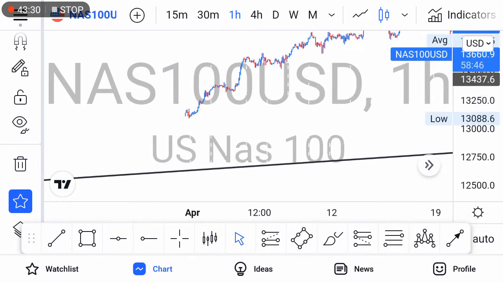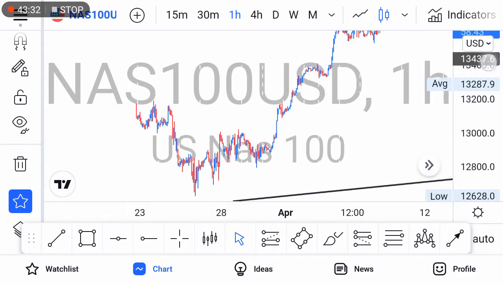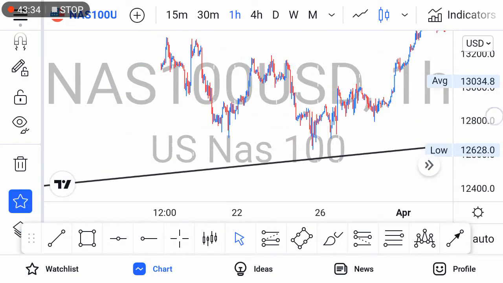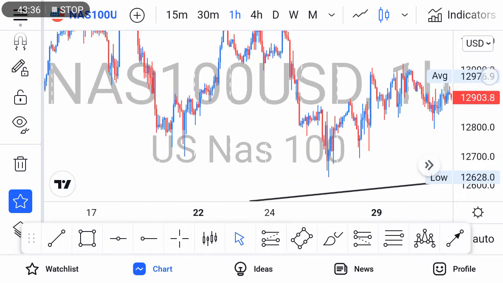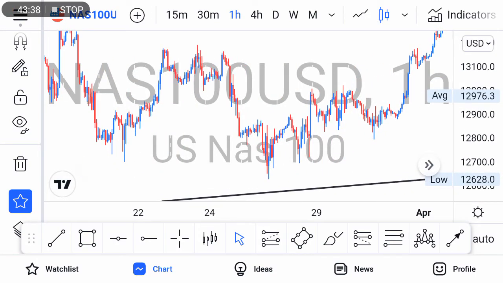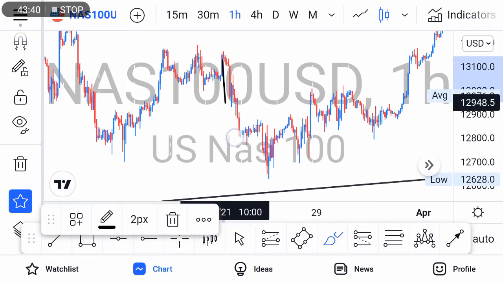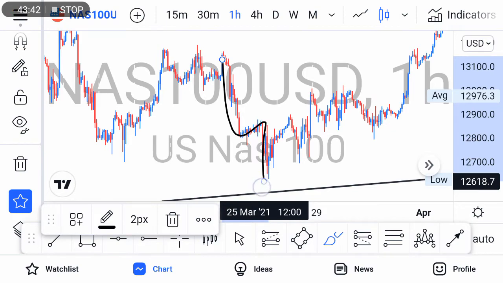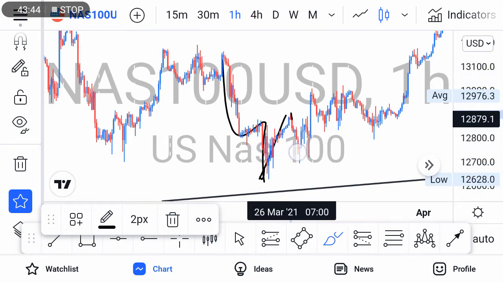Let me see if, even here, I think guys, now you are able to spot it. This is the head, impulse, right shoulder.